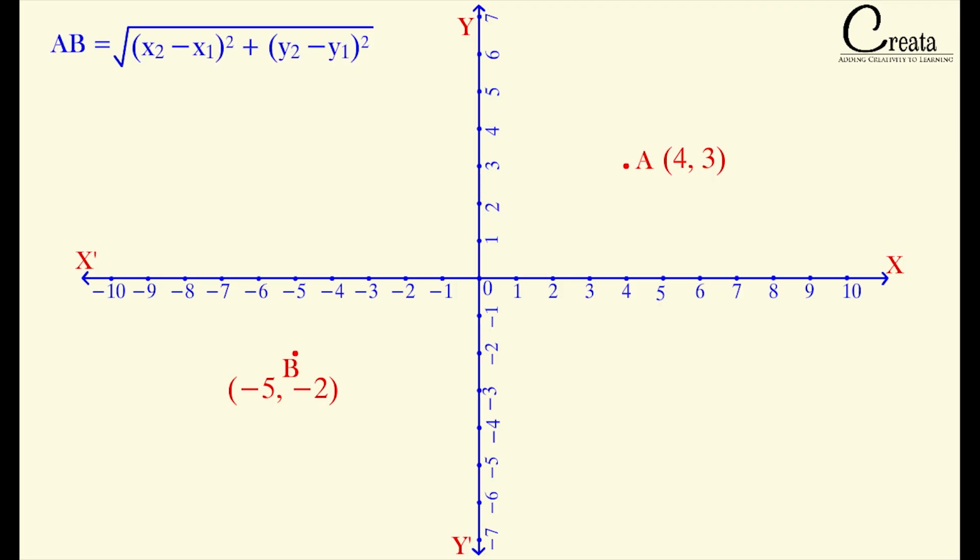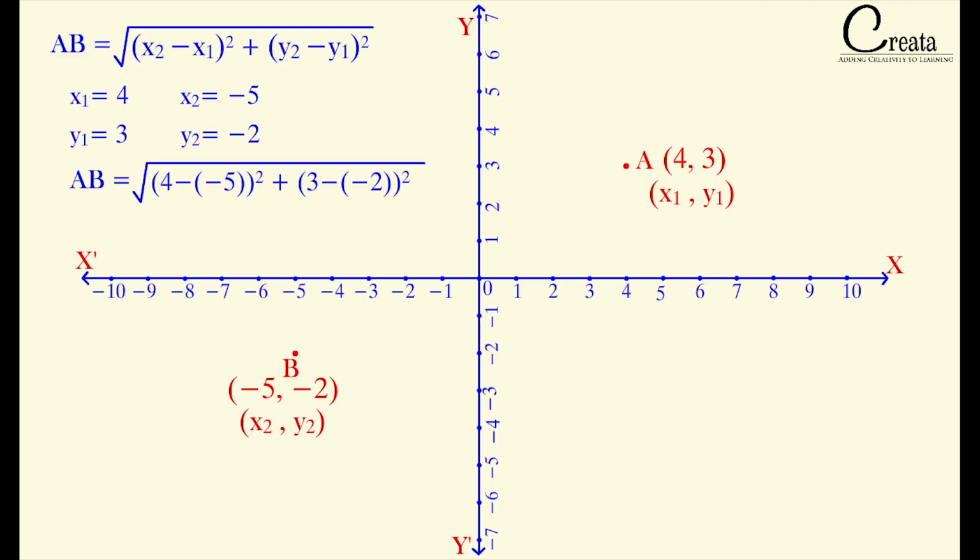Let's see whether this formula is applicable or not. Here x1, y1 is 4, 3, that is x1 is equal to 4 and y1 is equal to 3. And x2, y2 is minus 5, minus 2, that is x2 is equal to minus 5 and y2 is equal to minus 2. We got the value of x1, x2, y1 and y2.